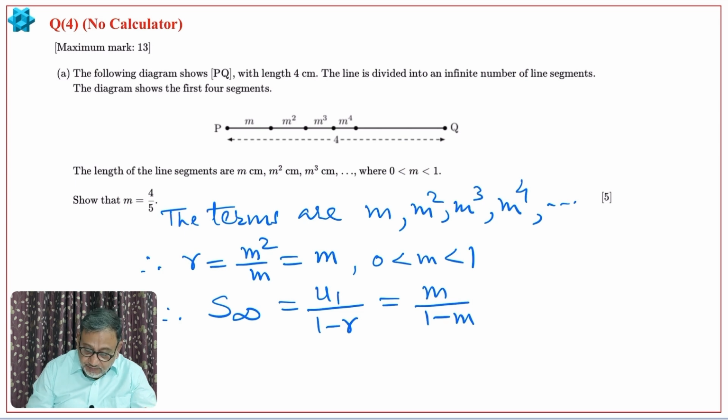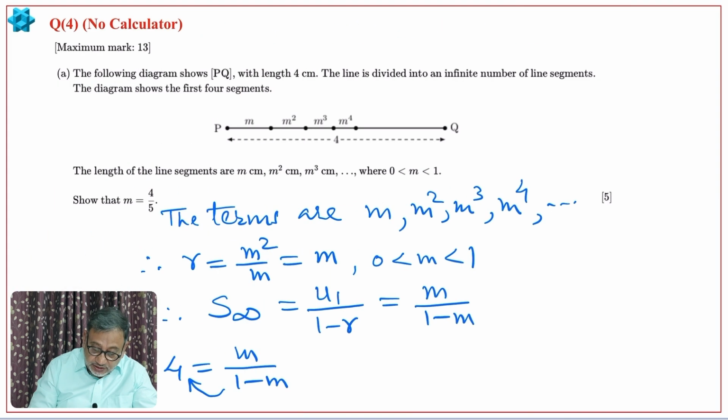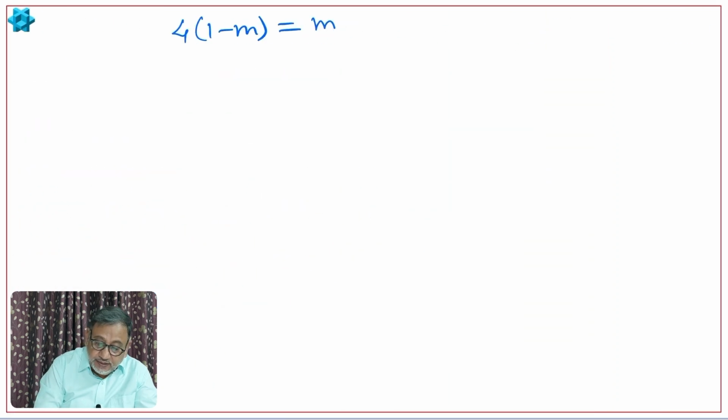So therefore 4 is equal to m upon 1 minus r, right? I will do it in the next page. When you bring this to the left hand side, 4 into 1 minus m, sorry, is equal to m.